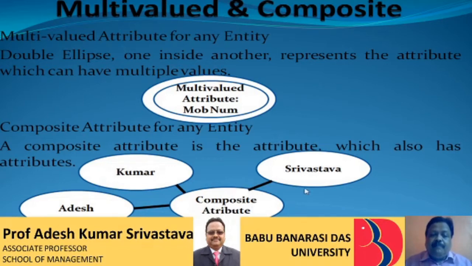Because there are three components: number one is first name, number two is middle name, and number three is surname or title name. These three attributes make it a composite attribute. So a composite attribute is one which is derived from other attributes, or which also has attributes.